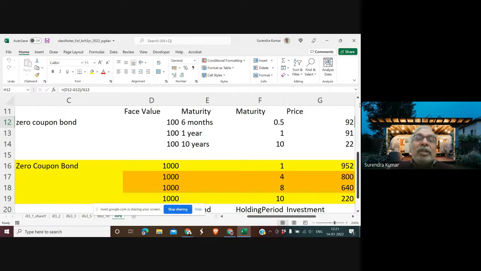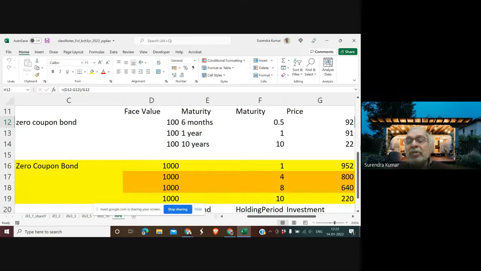And like that, there are other examples. So you have a 1 year maturity zero coupon bond, and it is traded today for 91 rupees. And you have a 10 rupees 10-year zero coupon bond, that is with a maturity of 10 years, and it is traded today for 22 rupees. So the question is, which one is a better price, which one is giving you higher return, is what we want to calculate.